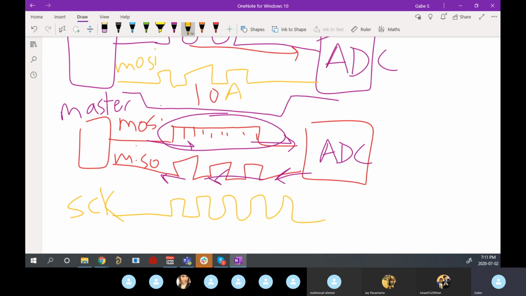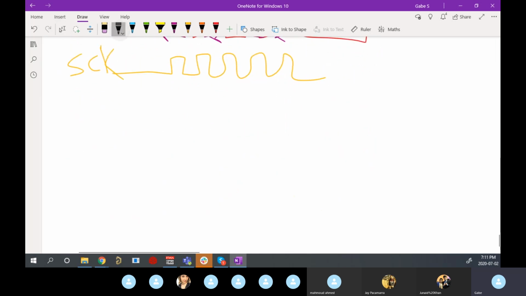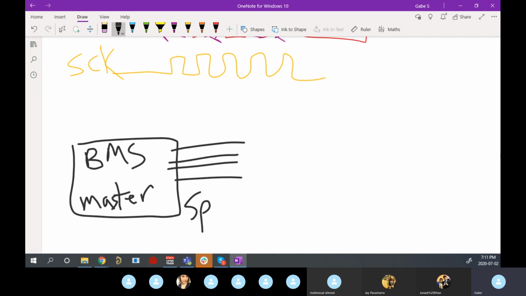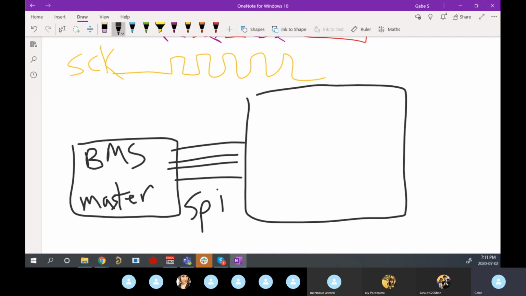So we use SPI a bunch in our car. A great application is the thermistor expansion board. Basically what this does is it measures temperature. We've talked about this board before.